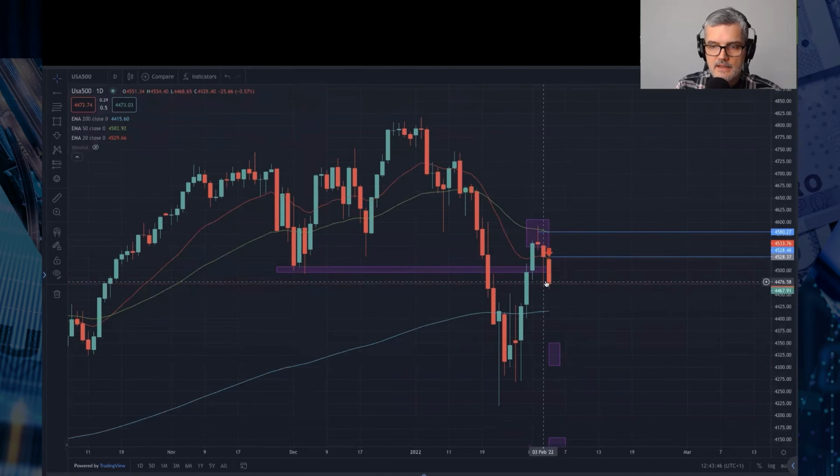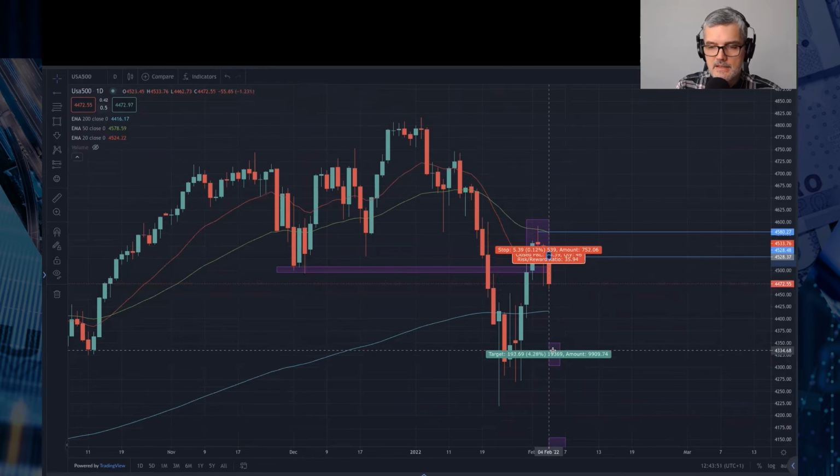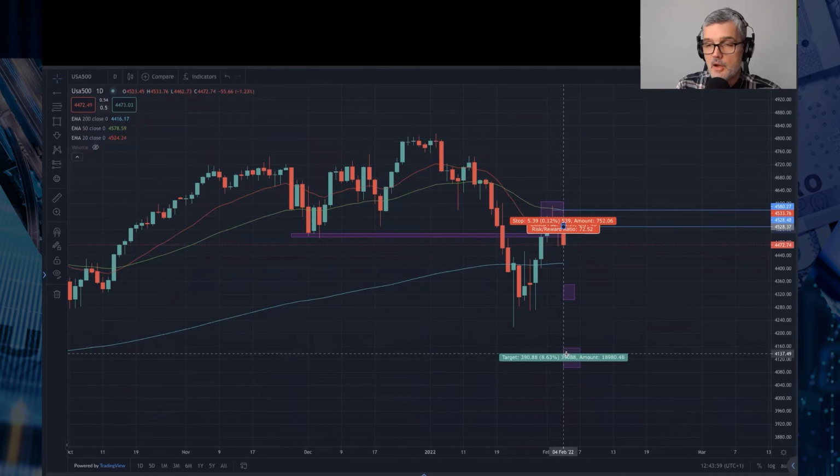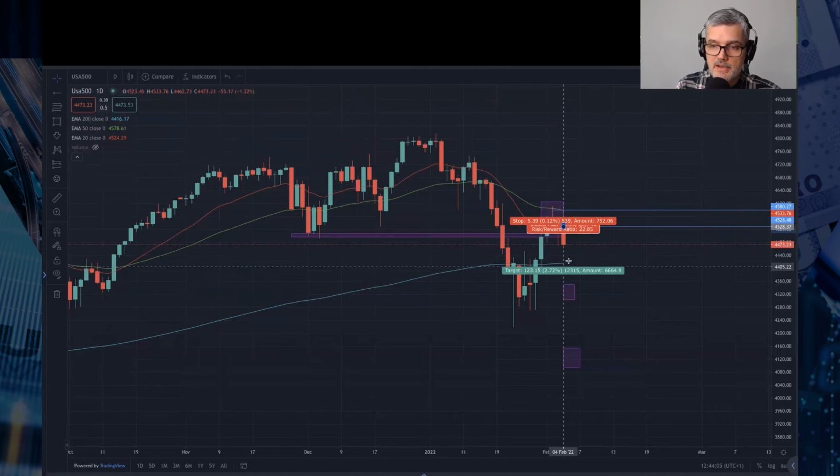Now, I did say that if we were to go short, we could be testing the median line of the Andrews Pitchfork, or we could be testing even lower and going down to the lower bound. So whichever take profit you look for, it's going to be an asymmetrical trade, which is what you're looking for.